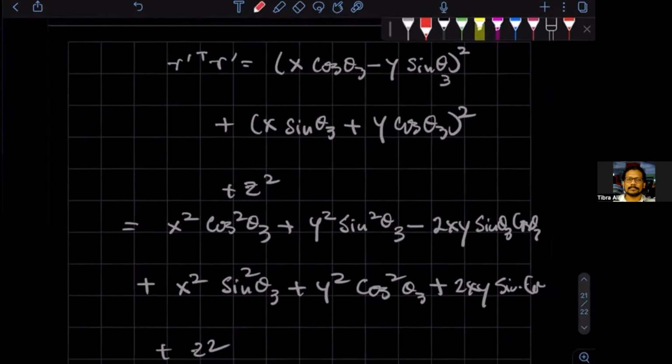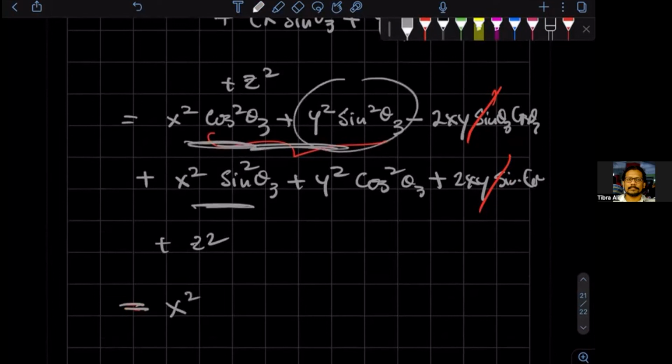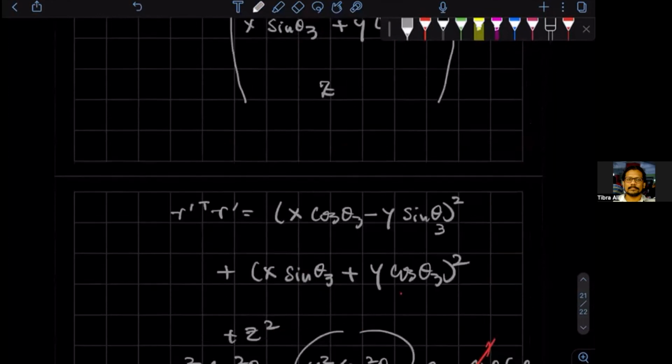So we get these cross terms canceling out, and by our favorite Pythagoras theorem, sine squared plus cosine squared is 1, we get x squared, y squared, and z squared, which is r squared.